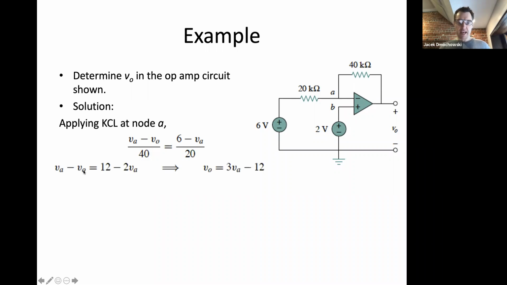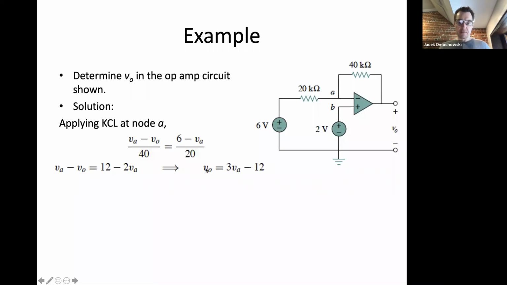So VA minus V naught, this step here, VA minus V naught is equal to 12 minus 2 VA, which is just this equation after cross multiplication, I believe.